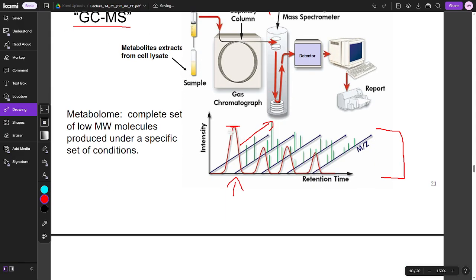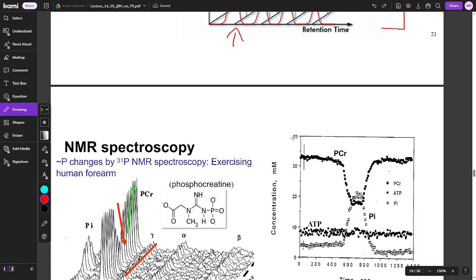We have a big intensity here for a lot of boiling, so a lot of molecules have been released, and here's the mass spec for it. So you can identify what this protein is based off of how much of it is there and what the mass spec looks like.